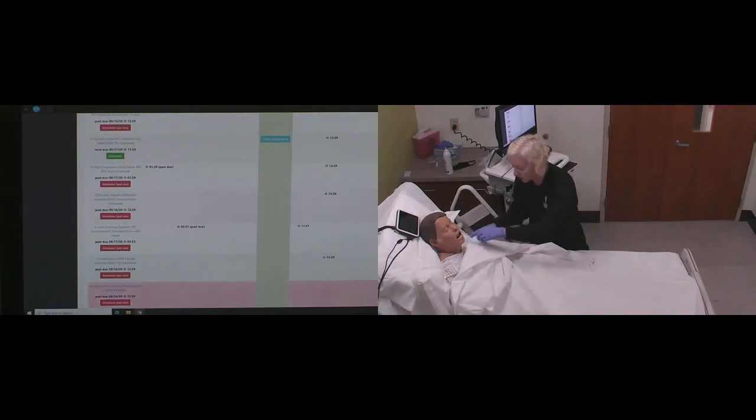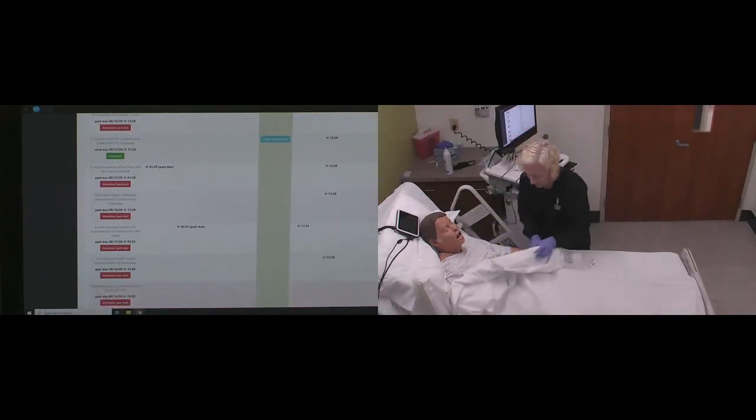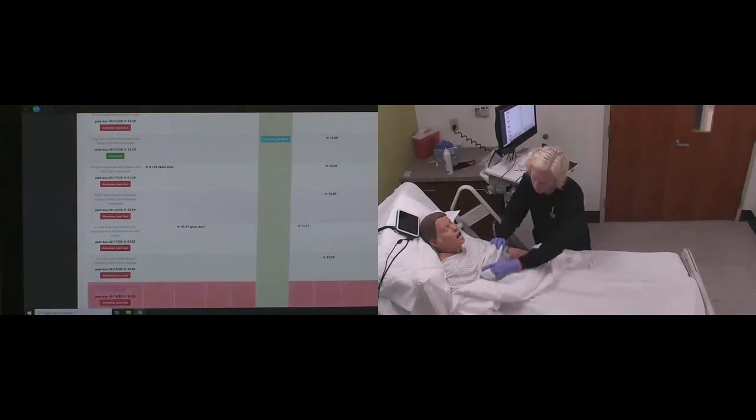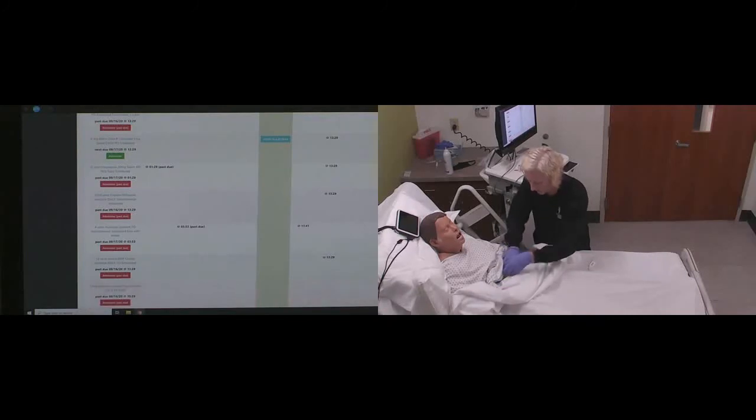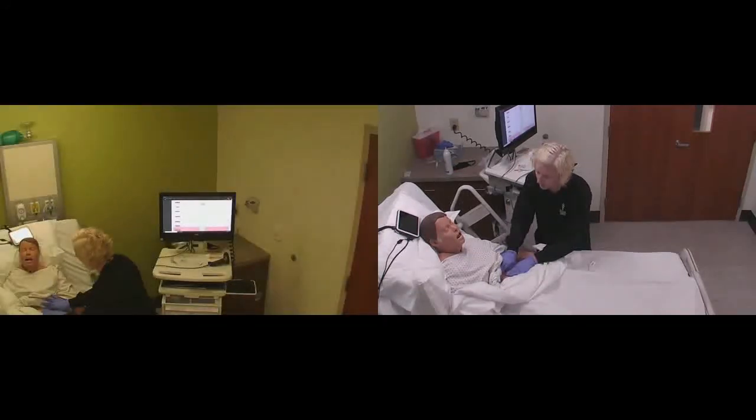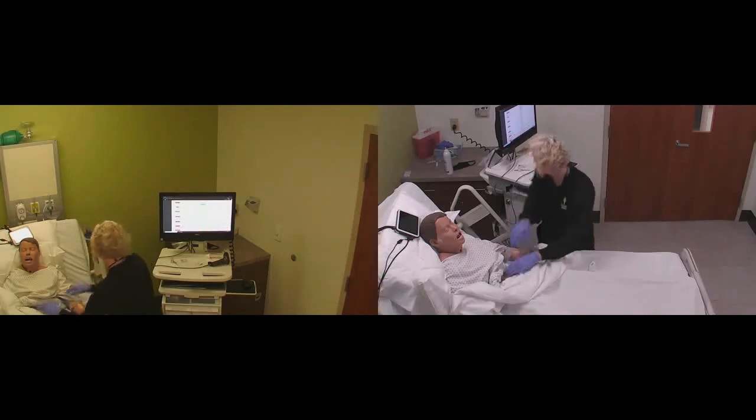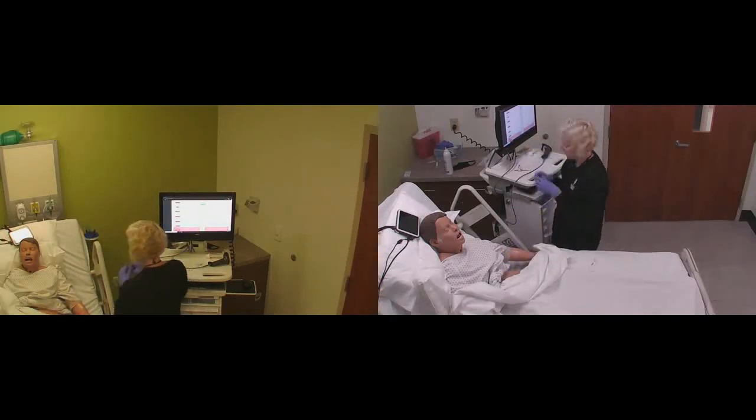All right, I'm just gonna pull your sheets down just a little bit here and pull your gown up just a little so I can visualize here where I need to put this. All right, would this left side be okay? Yes, it would. Okay. Let me go ahead and clean off my side here.